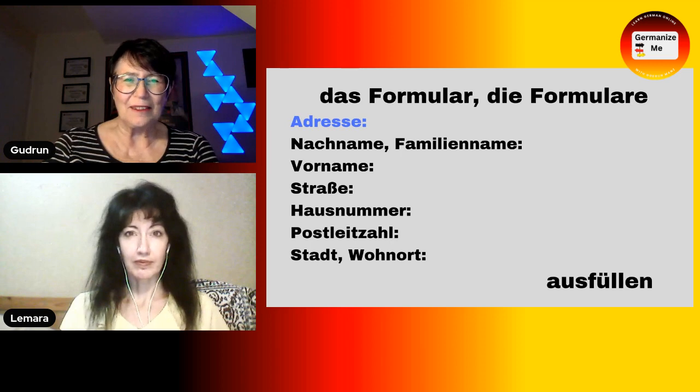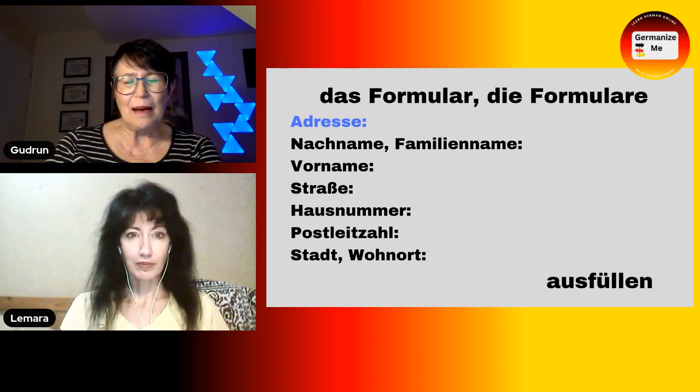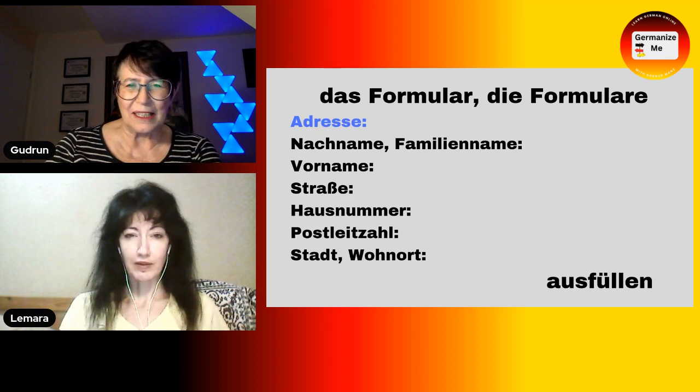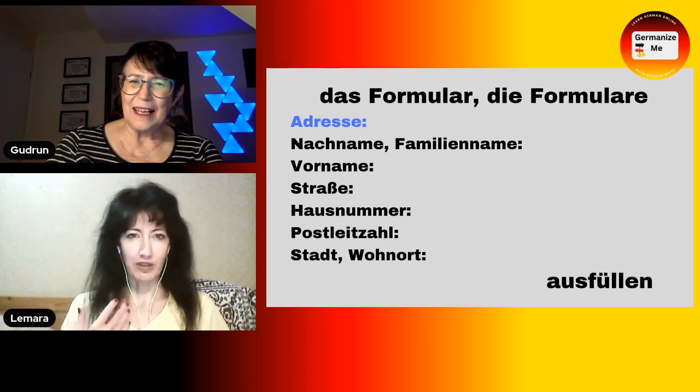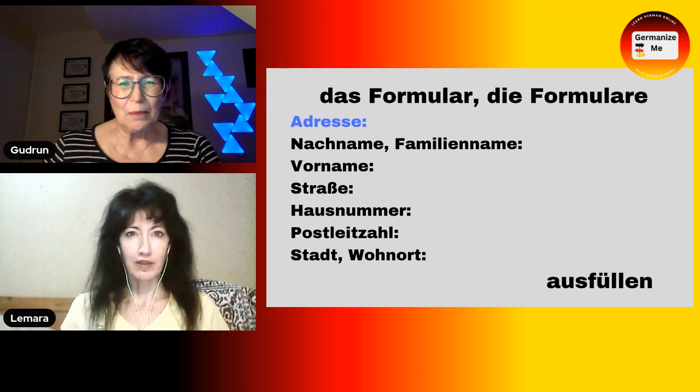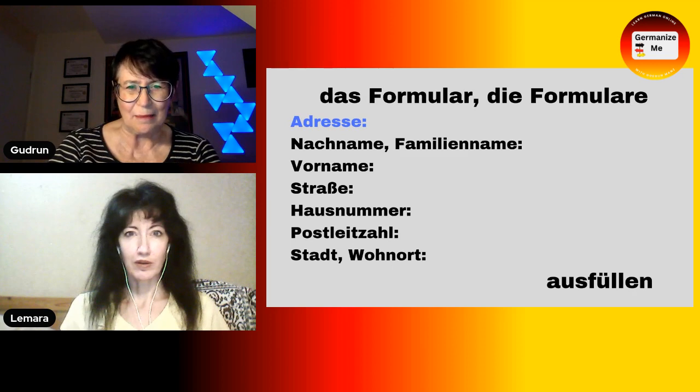Okay, first line. Nachname oder Familienname. What do you think this is? My name, my personal name. Not exactly. Your personal name comes next. This would be your family name.